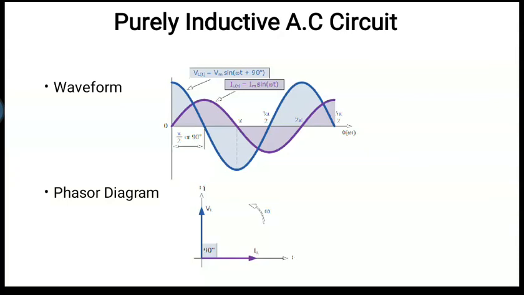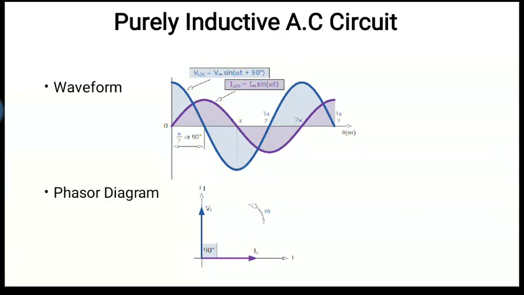Now let us go for the phasor diagram. We have drawn the voltage, current, and the phase difference, that is 90 degree, right? Who is leading? Voltage is leading, current is lagging, right? So just remember only one parameter. Here we can say that current is lagging. Don't remember for voltage, just remember for current.